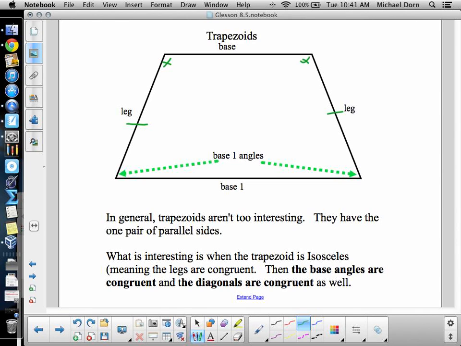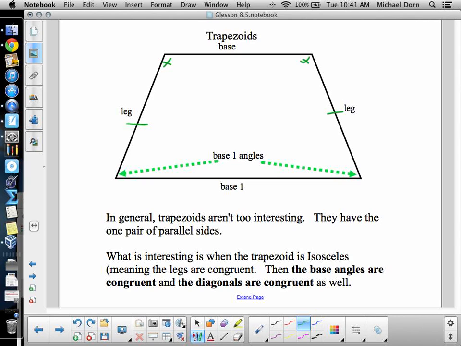Not always. Not only that, but when it's an isosceles trapezoid, the diagonals are congruent. So, interesting things happen more with isosceles trapezoids.